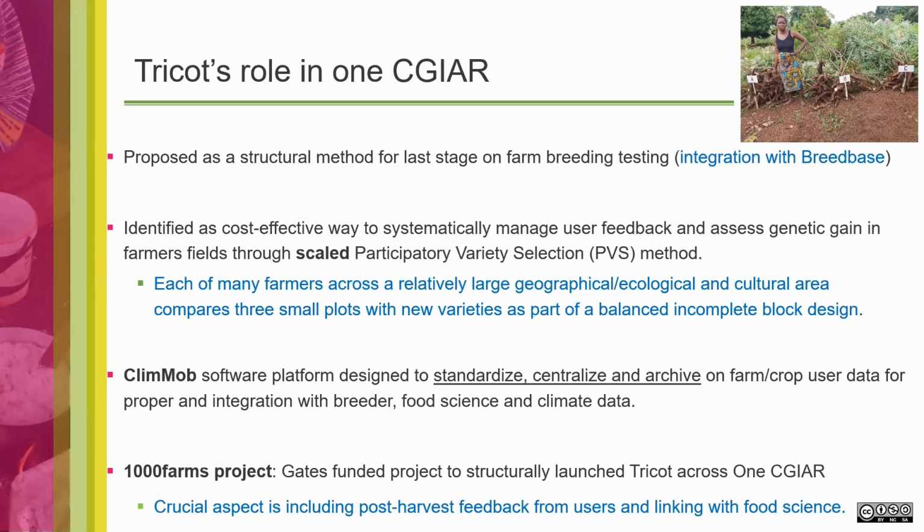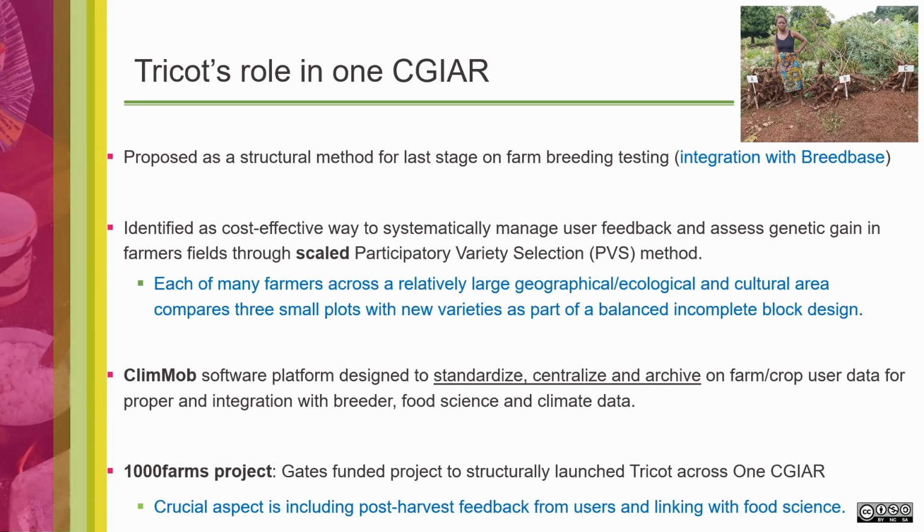And so it has been specifically identified as a cost-effective way to do PVS, participatory variety selection. And the idea is that each farmer manages small tree plots only and compares those three, and that is part of a balanced incomplete plot design in which a total of more varieties are evaluated.